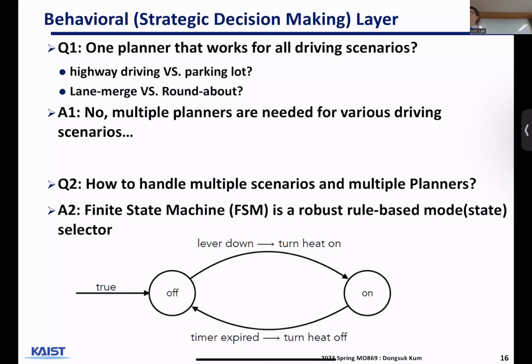That way we can hopefully cover 95% of the scenarios that we have to deal with, and still have a logical, well-structured algorithm with relatively small and light planning algorithms for different scenarios.